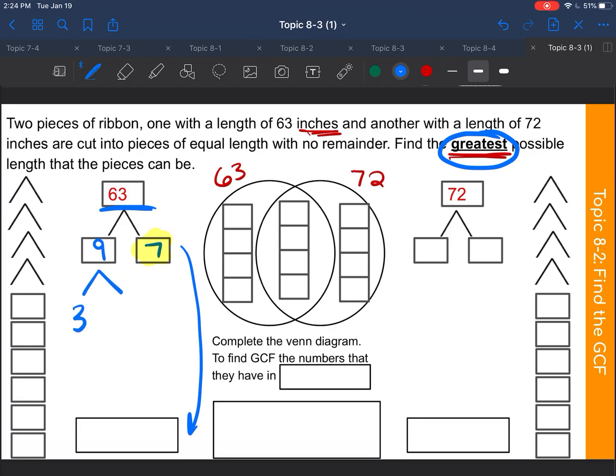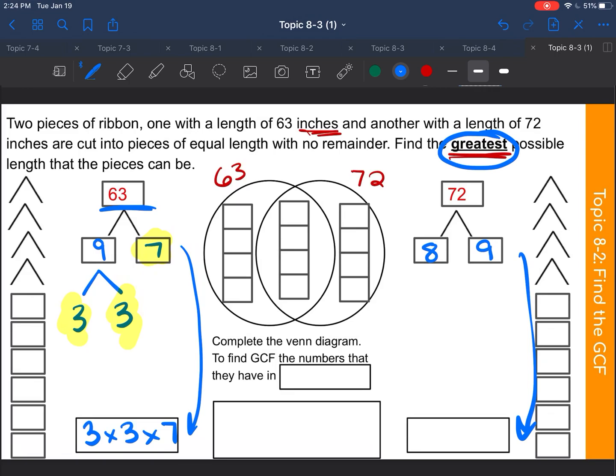And then 3 times 3 gives you 9. So those are also prime numbers. So our prime factorization of 63 is 3 times 3 times 7. And then 72, we have 8 times 9. If you did 2 times 36, that's fine as well. You'll still get the same answer at the very end.